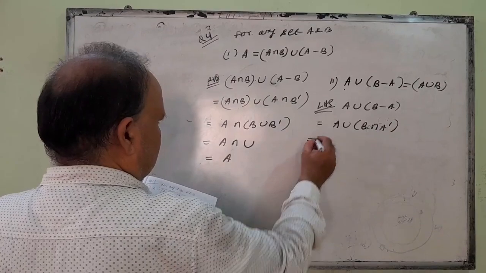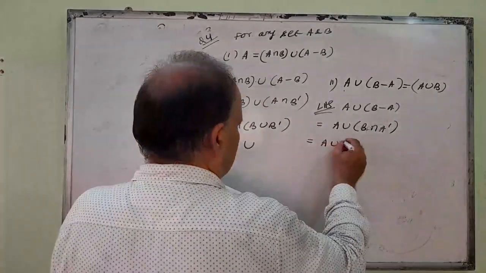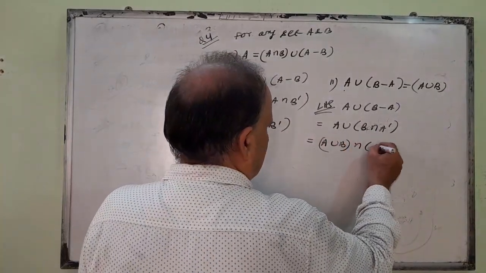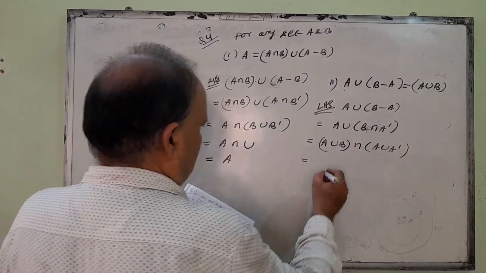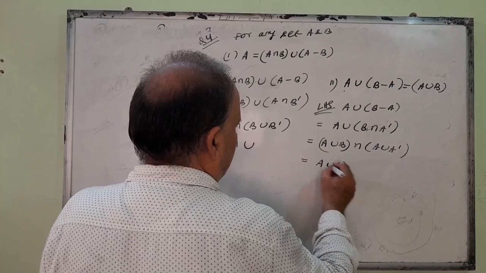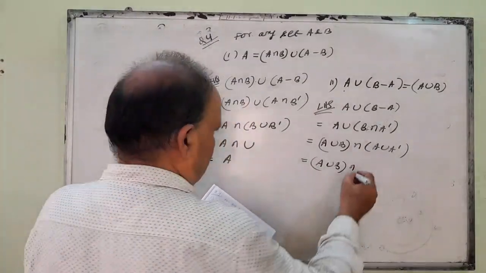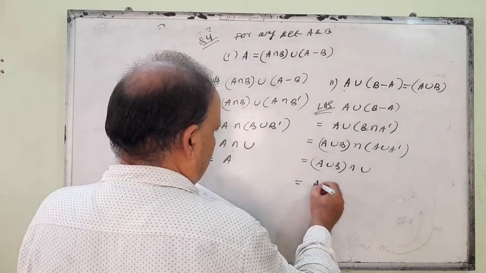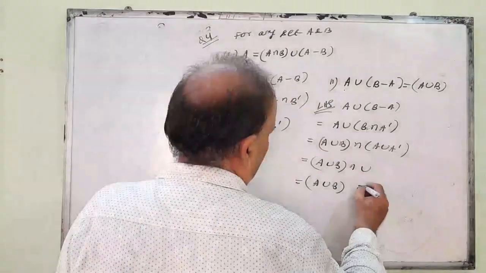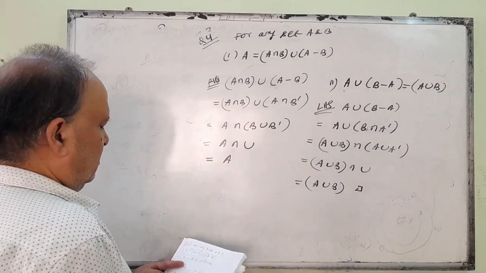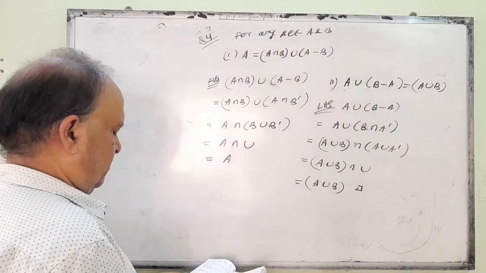You apply the distributive law: (A union B) intersection (A union A dash), that is equal to (A union B) intersection U, that is equal to A union B. This proof is over. This is your question number 4.